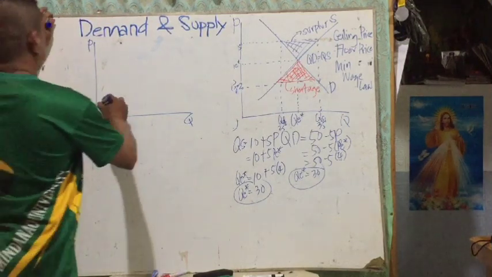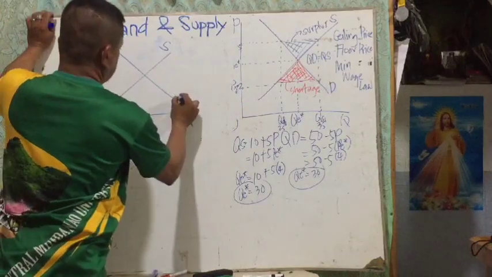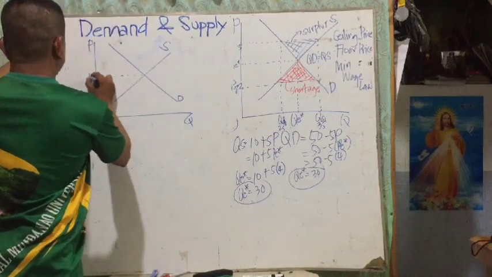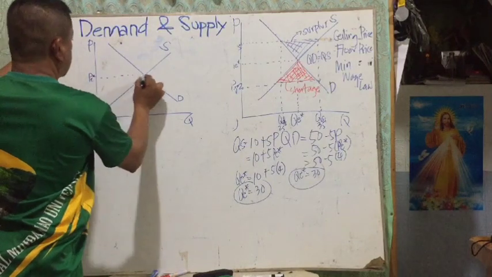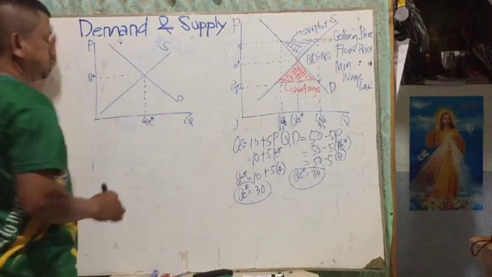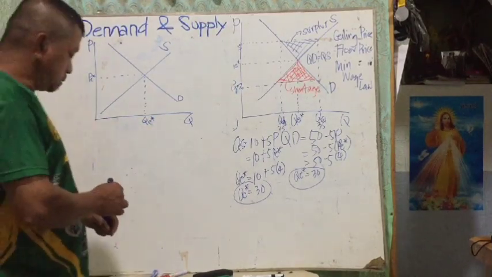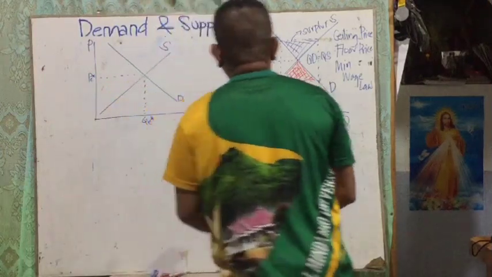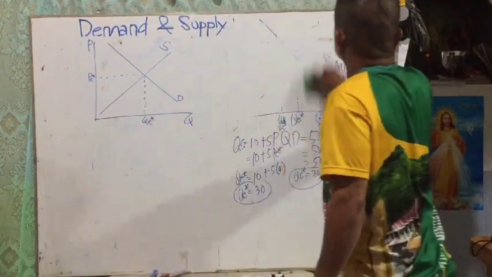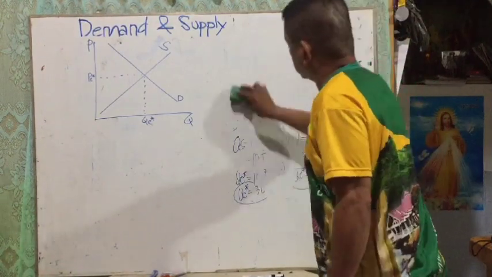Suppose we have a situation wherein there is market equilibrium happening already. So we have established the equilibrium price and equilibrium quantity. However, situations in the market change. Let us say that suppose there is only a force affecting demand and it did not affect supply.